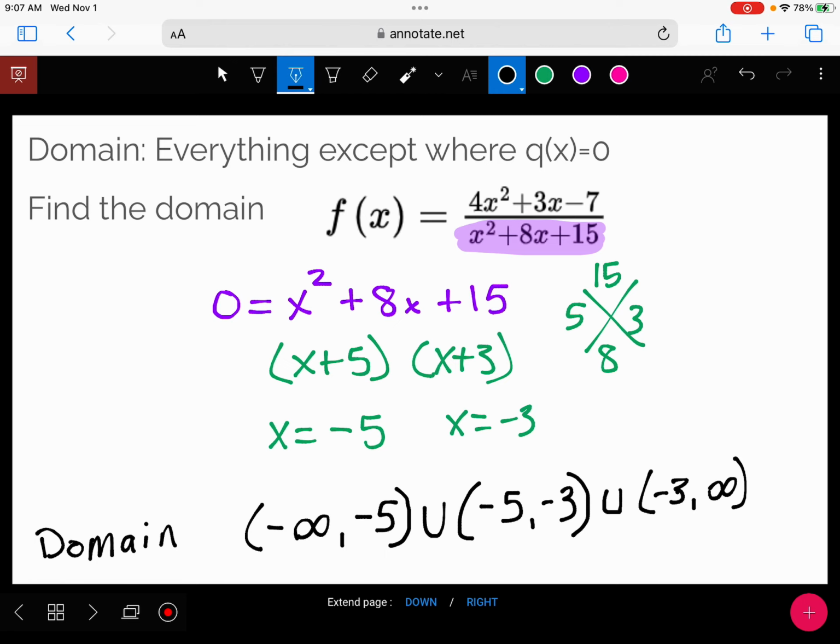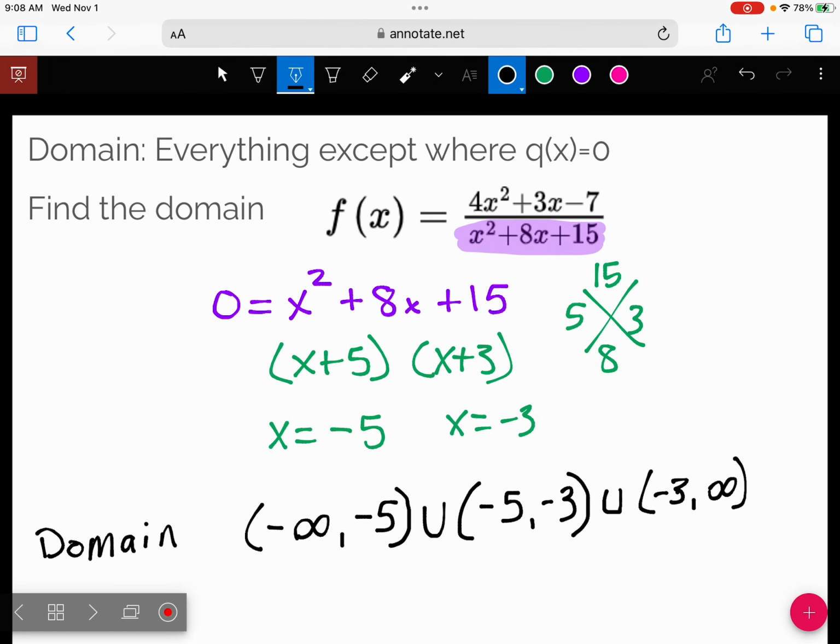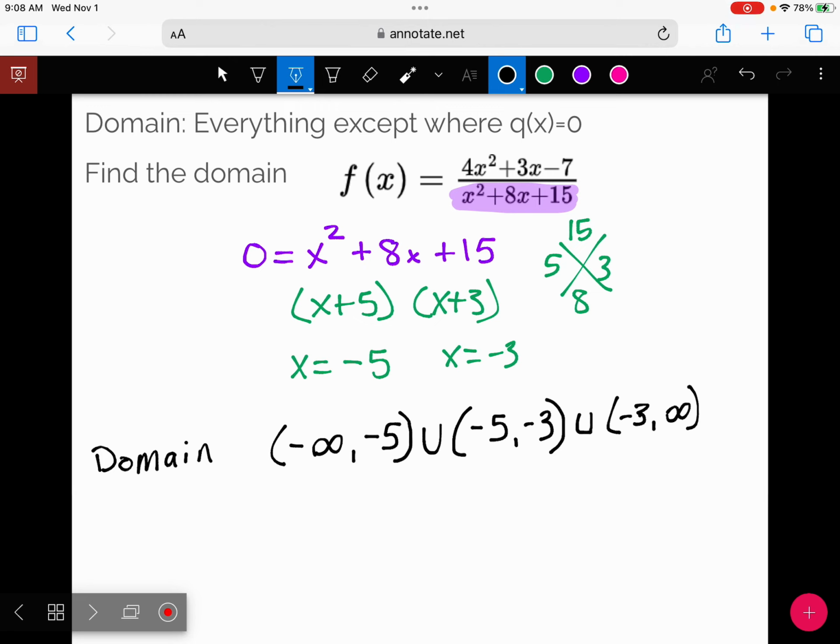But we're going to always write our domains and range in interval notation.